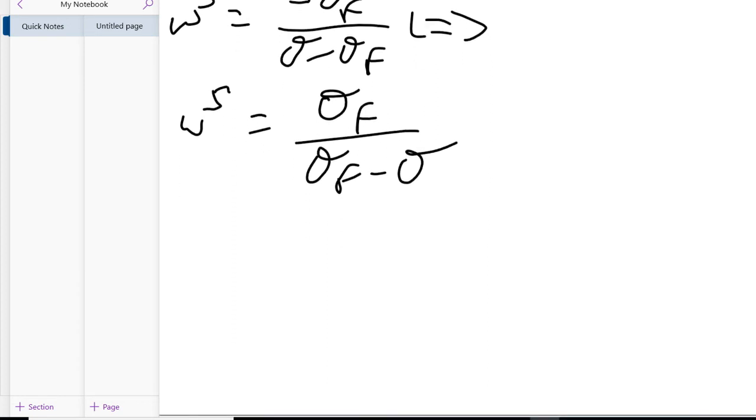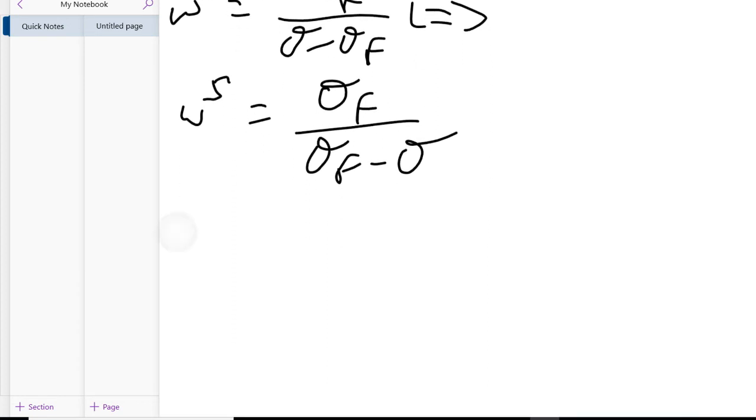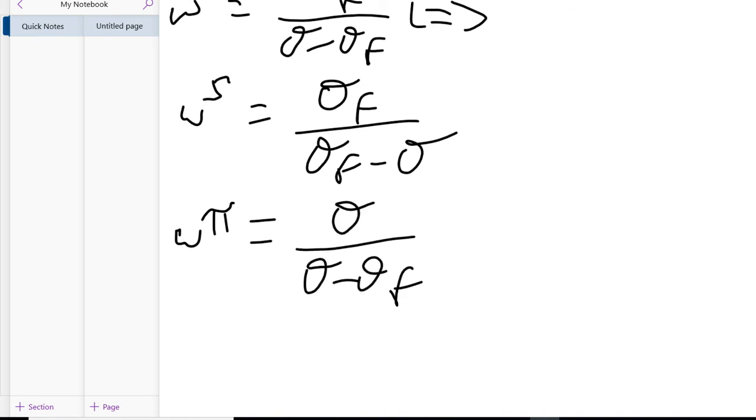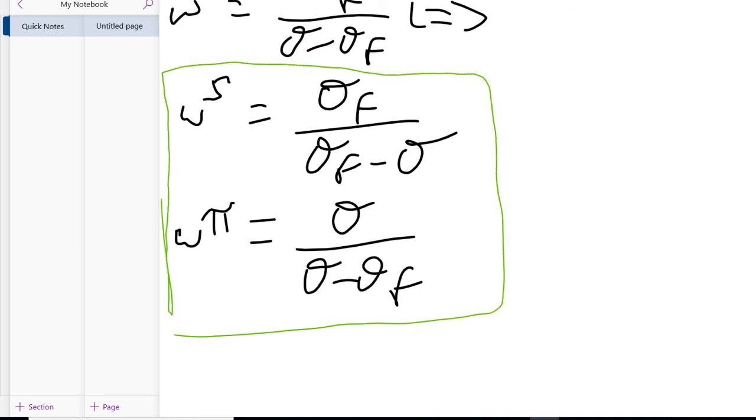So I'll quickly rewrite what we got for w_pi before, sigma over (sigma minus sigma_f). So these are our two weights that we find for the stock and the option. Very important.